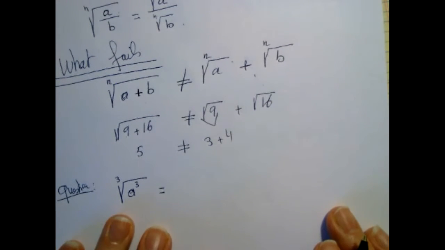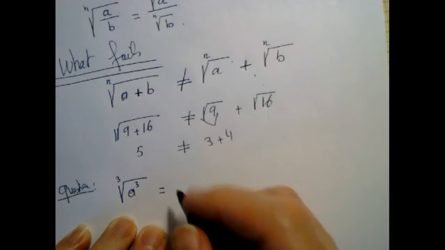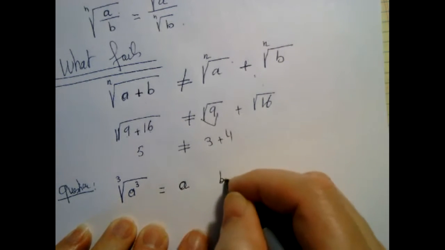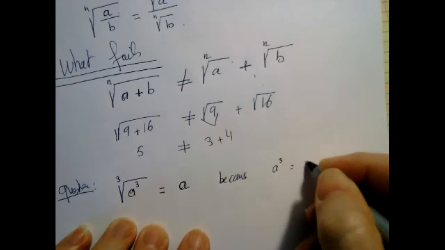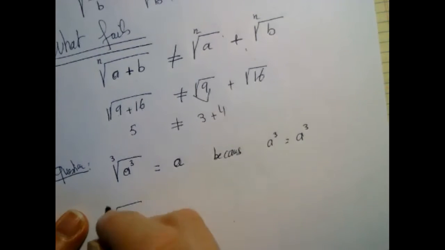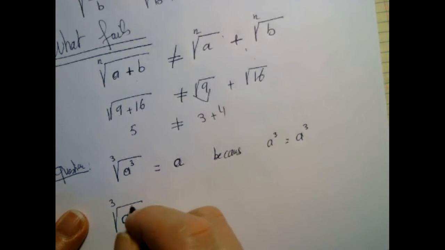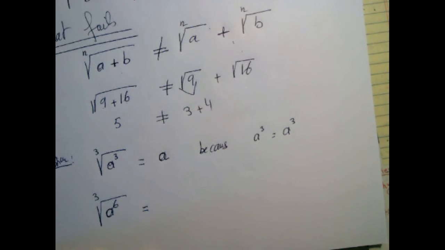What's the cubic root of A to the power 3? Quickly, it's a simple question. A. Simply because A to the power 3 is A to the power 3, pure and simple. All right, what's the cubic root of A to the power 6? A squared.